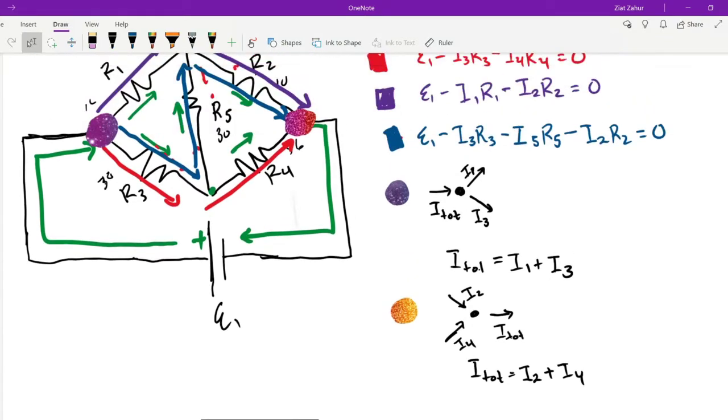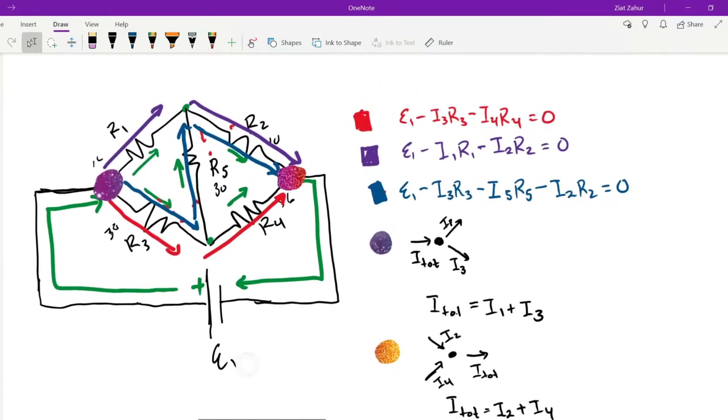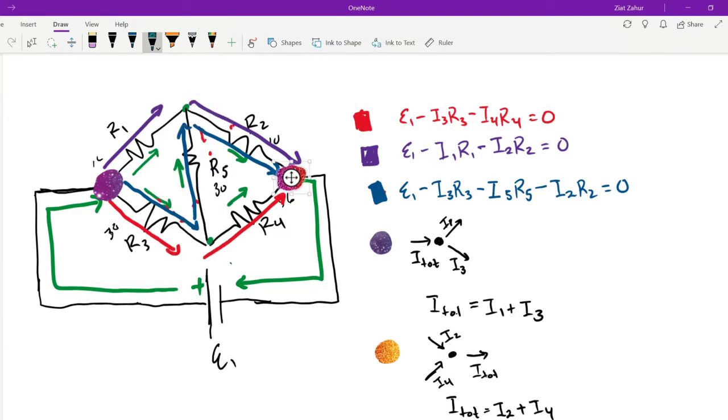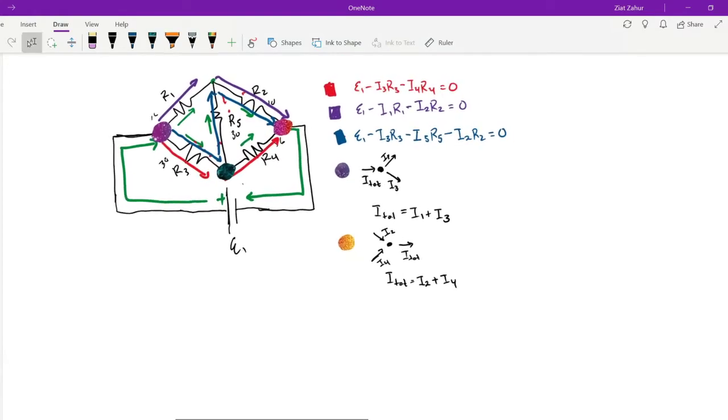And let's do one more, because there's this I5 to worry about. What's this blue one? Ocean. Let's use the ocean. Alright, the ocean junction.